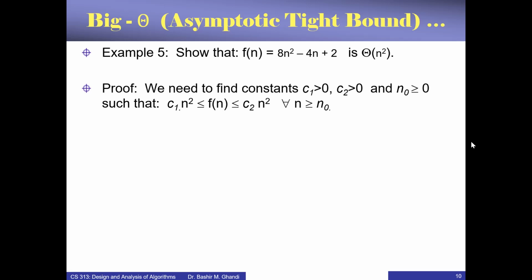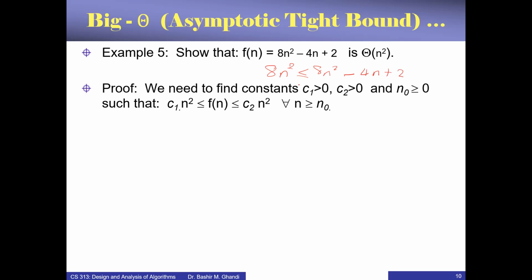Students make this kind of mistake. It's very common. Because of the previous example, they will just say the first term, 8n squared, is less than or equal to the function itself, 8n squared minus 4n plus 2.